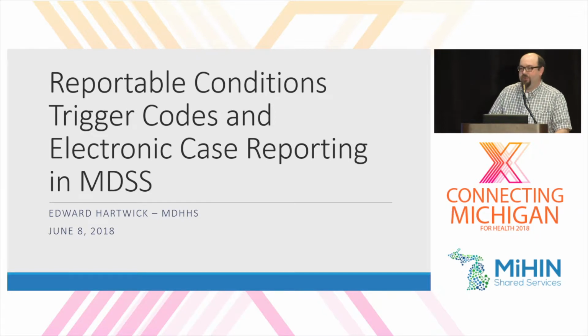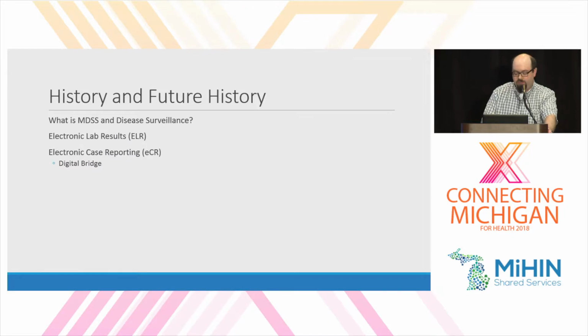So this morning we're going to talk about reportable conditions in the state, the trigger codes, and electronic case reporting. What we need to do first is look at the history, and I almost call it the future history of what we're doing here. So the past and maybe a little bit of the future as well.